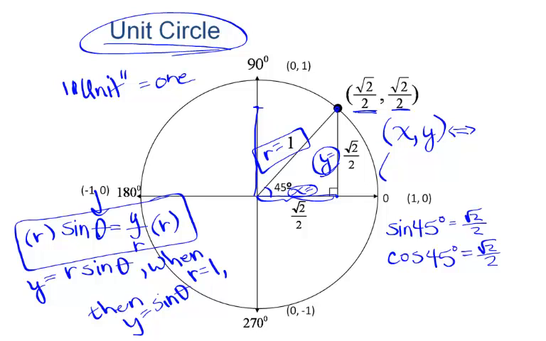As long as I'm in the unit circle and r equals 1, then the coordinates of any point in the plane, here I'm specifically 45 degrees from the horizontal for my angle measure, that means that the x coordinate has to be the cosine of the angle measure. And the y coordinate has to be the sine of the angle measure, as long as I'm in the unit circle. Pretty cool, huh?